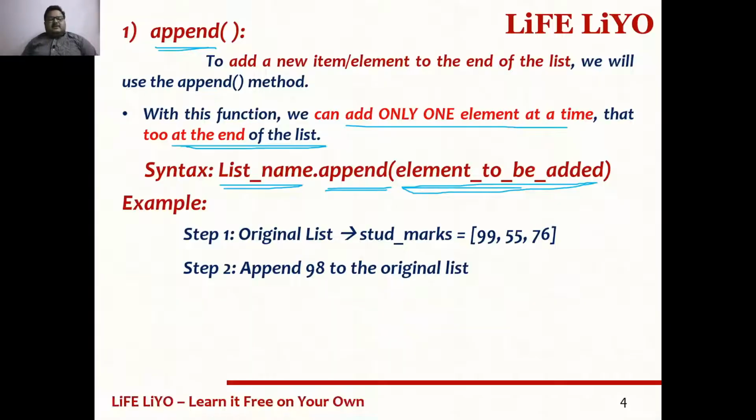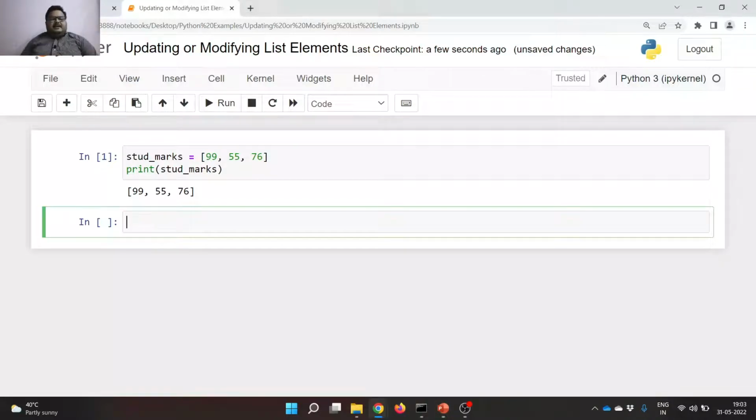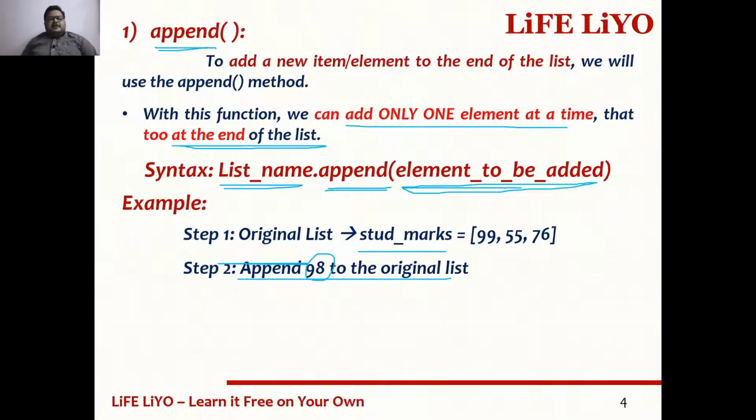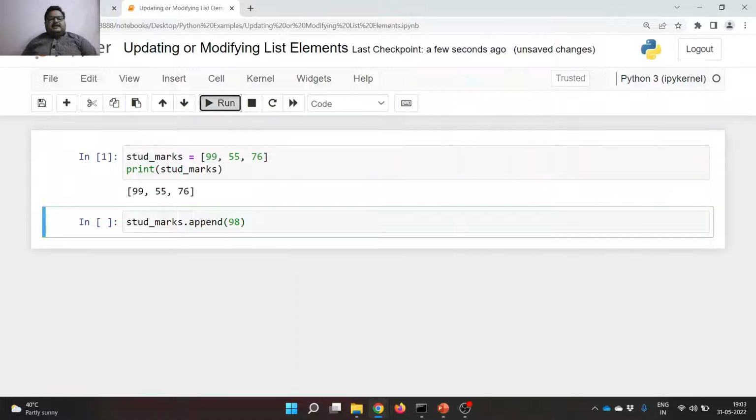Now, what is our question? Append 98 to the original list. To this list, we have to append the element 98. What is the syntax we have to follow? List name, dot append method, and the element to be appended, which is 98. Done. Run.